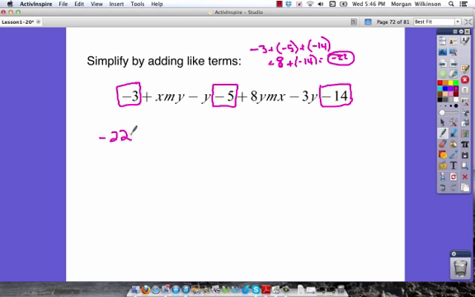If you've got a question, please write it down. We'll use green next time. Let's look for how many xmy's we have. How many xmy's do we have right here? Plus how many? 1. 1 xmy because there's no other number. Let's look for other xmy's. Not there. xmy.